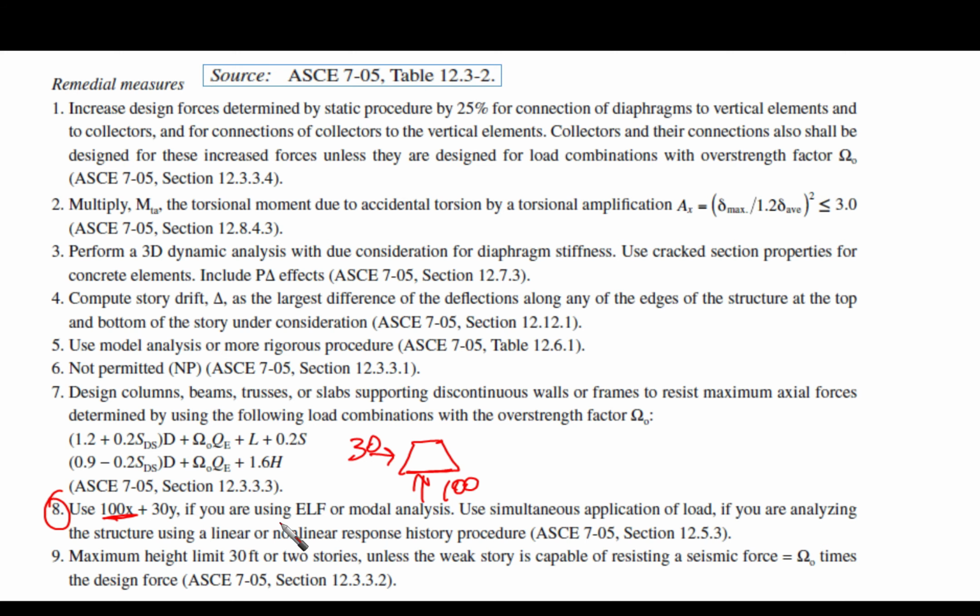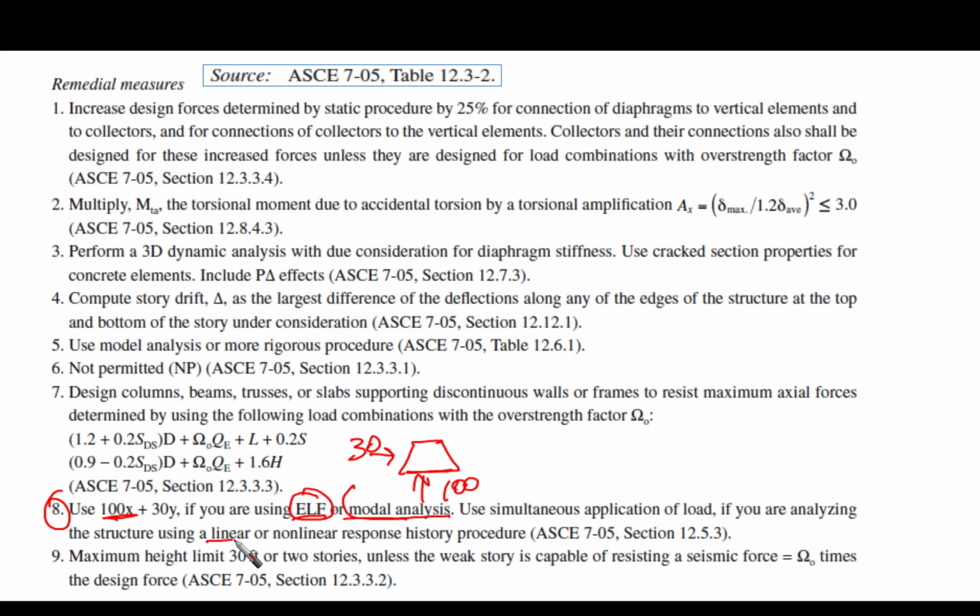If you are using ELF, which is the equivalent lateral force method, or modal analysis, we need to use this combination. Use simultaneous application of load if you are analyzing the structure using linear or nonlinear response history procedure.